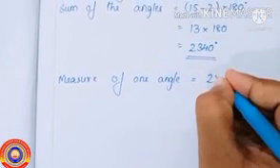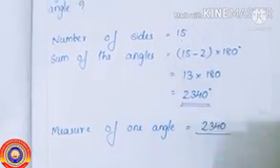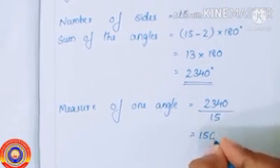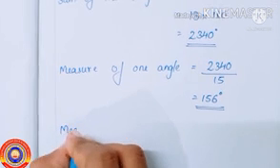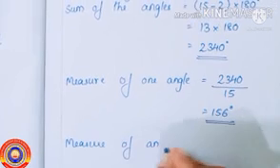Now we can find the measure of one angle. Measure of one angle is equal to 2340 divided by number of sides. Number of sides is 15. 2340 divided by 15 is equal to 156 degree. So measure of one angle is 156.